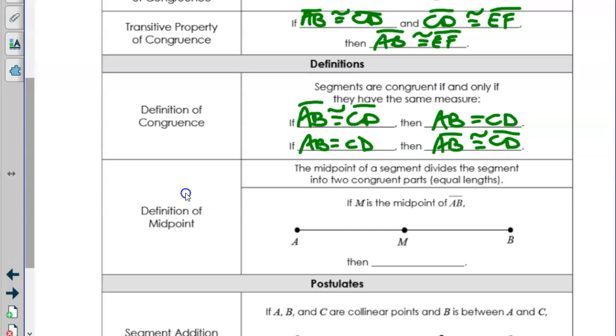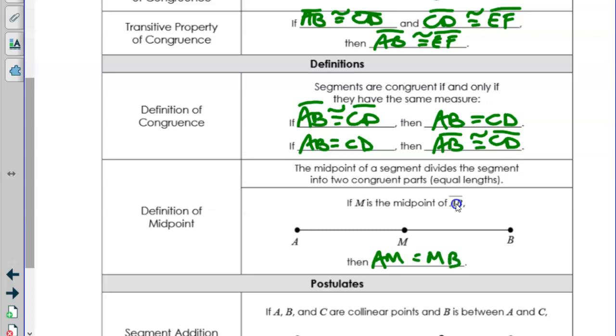The definition of midpoint, we already have talked about midpoint in the previous chapter. The definition says the midpoint of a segment divides a segment into two congruent parts, or equal lengths. So if you know that M is the midpoint of segment AB, you can then conclude that AM is equal to MB.